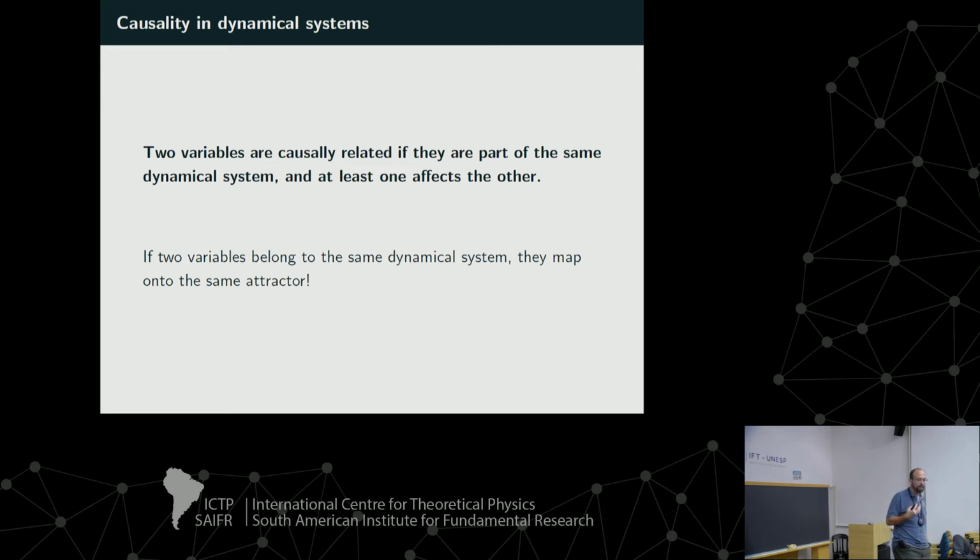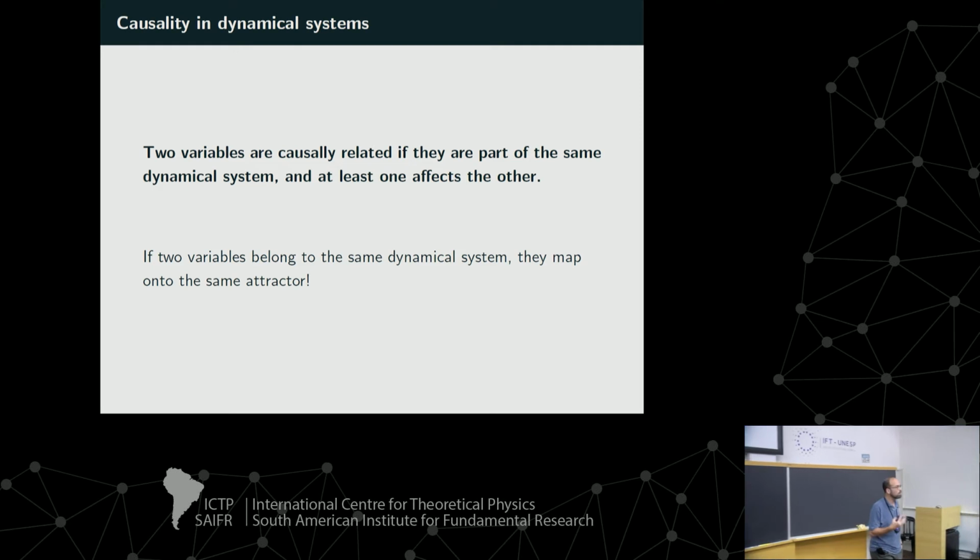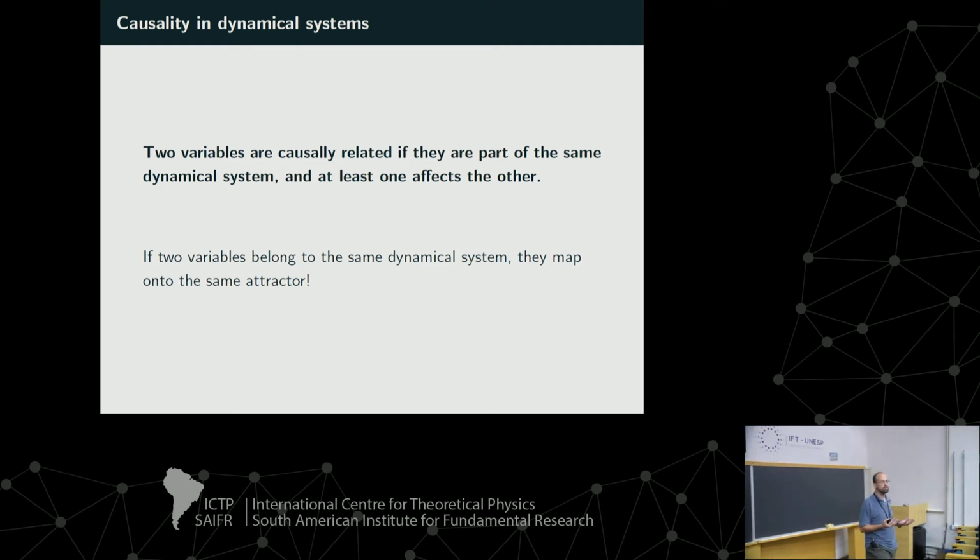The main idea is that I'm going to define causality in a specific way. I'm going to say that two variables are causally linked if they are part of the same dynamical system, in a way that they interact with each other. This is one way to define causality.